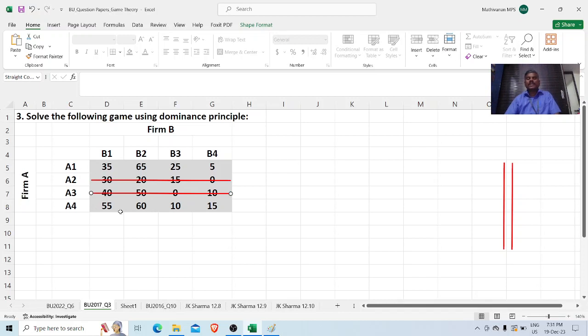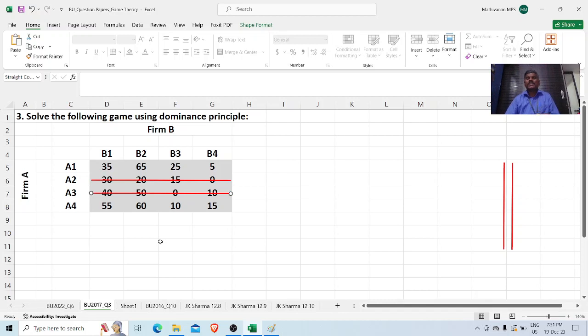When we compare these two strategies, 35 and 65, more loss from B2 strategy. 55 and 60, more loss from B2 strategy. If you are a consultant to firm B, among these two strategies, B1 and B2, which one would you suggest to firm B?